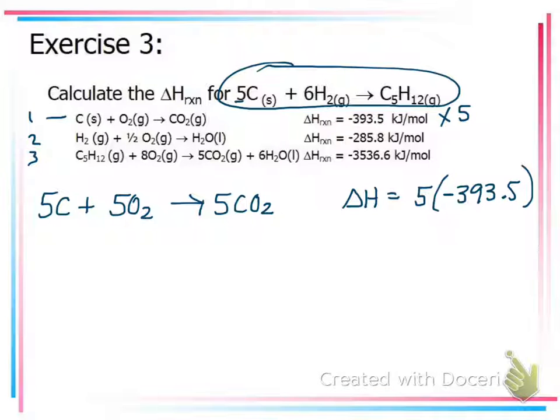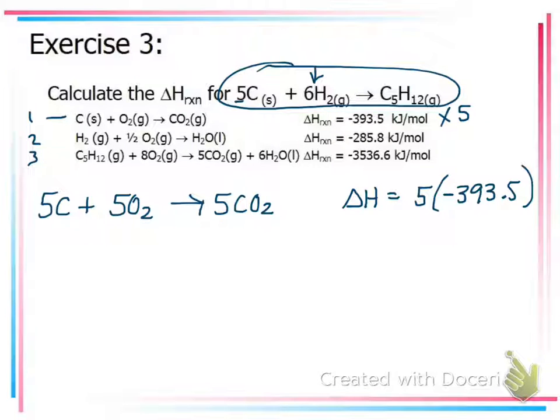Okay? And so then I look at my next equation, and I have hydrogen on the reactant side. So I'm going to need hydrogen to stay where it's at. So I'm not going to need to reverse it, but I need 6 hydrogen. And I only have 1, and I quickly go look at the other equations and make sure there's not going to be some hydrogen I can get somewhere else.